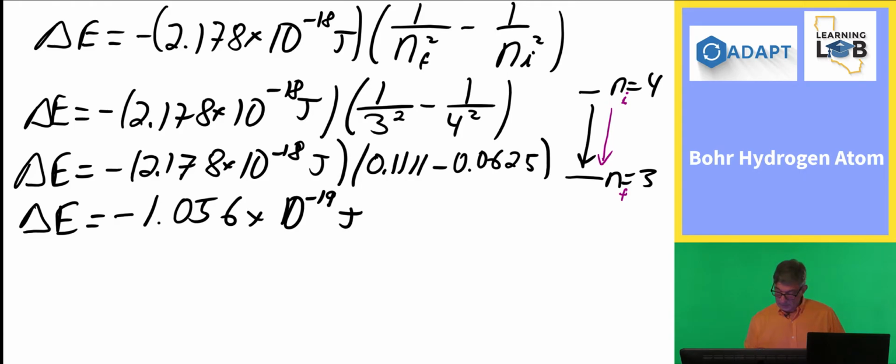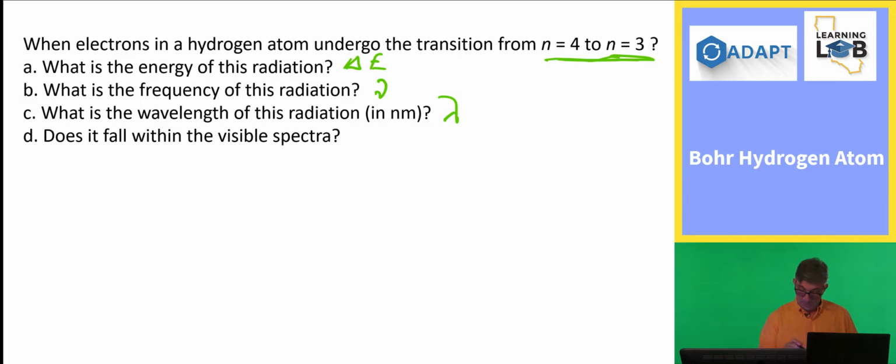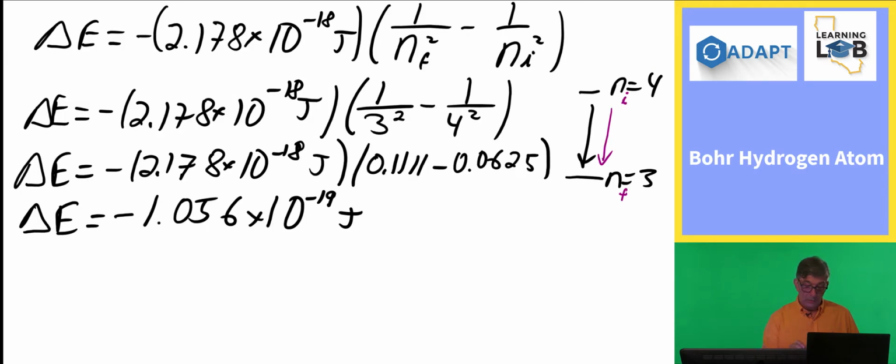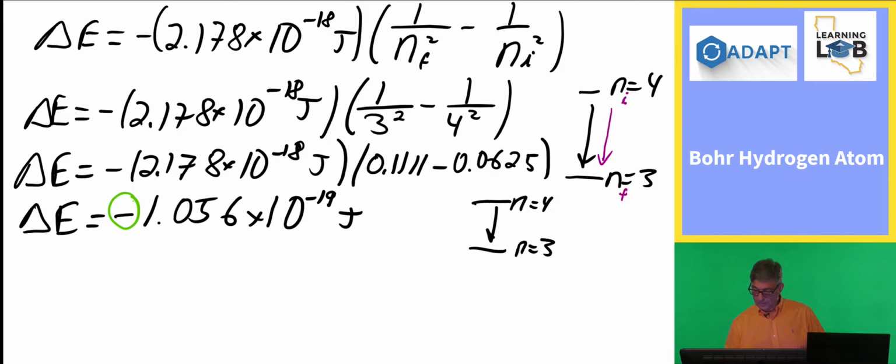When it comes to energy, we've calculated a negative energy value, and what that negative energy value depicts is the direction that the electron is transitioning. A negative value implies that the electron is falling from a higher energy level down to a lower energy level.